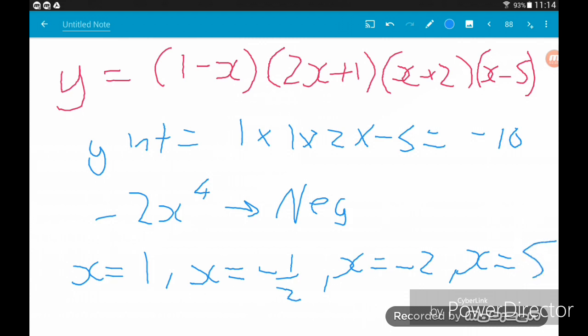So again, we have 4 distinct roots here, none of them are repeated, so the graph crosses the x-axis at all 4 of these points.